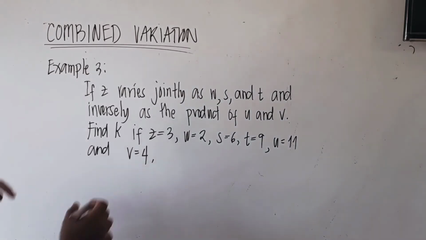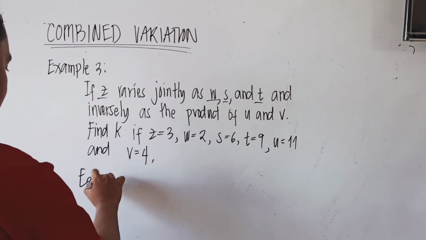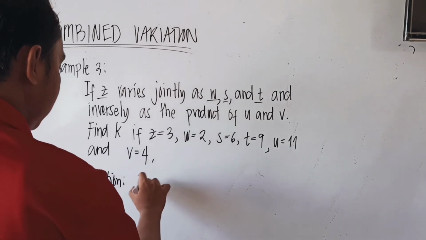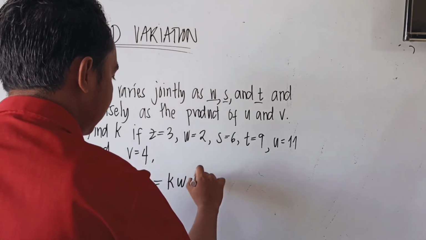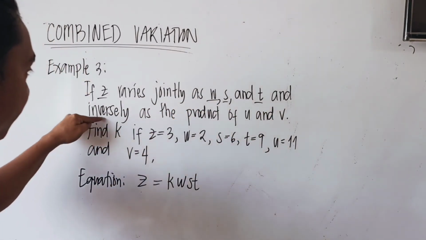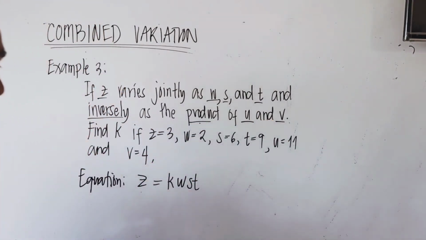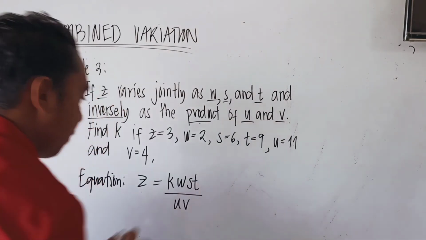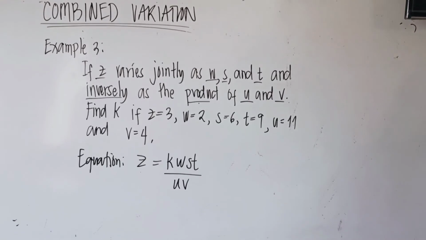Z varies jointly as W, S, and T. So Z equals K W S T. And inversely as the product of U and V, so over U V. So yung equation natin sa class is Z equals KWST all over UV.